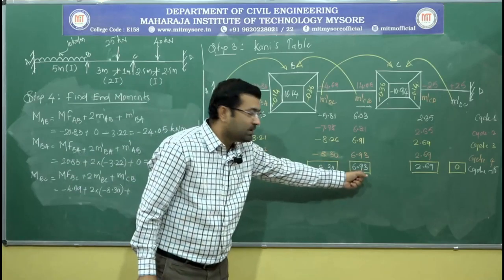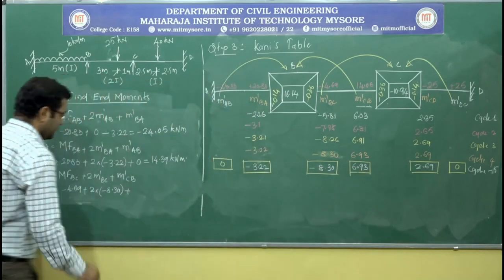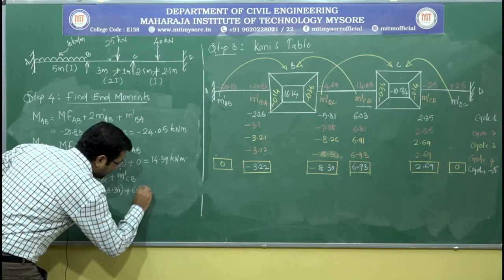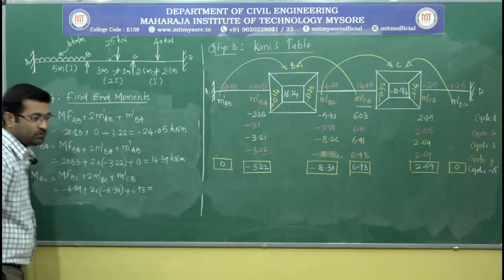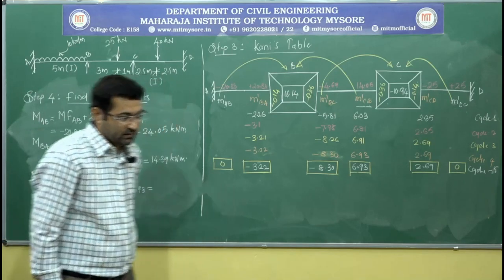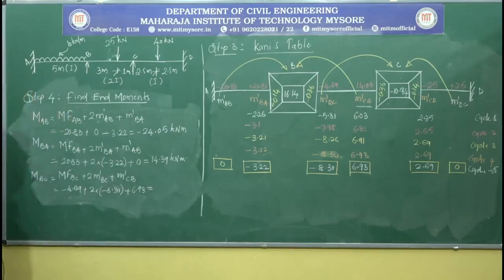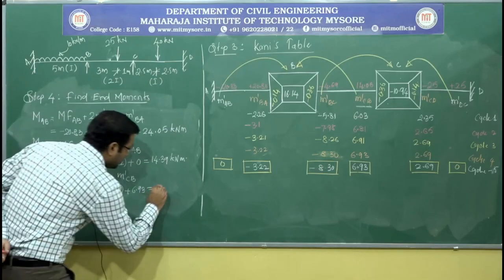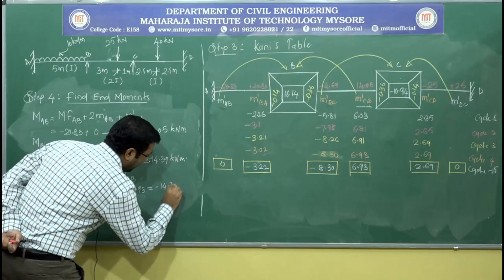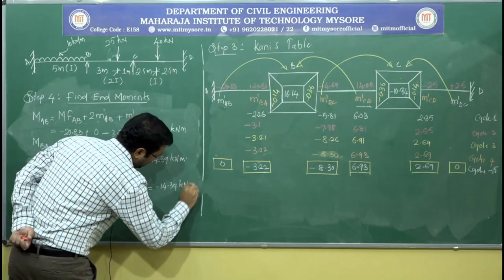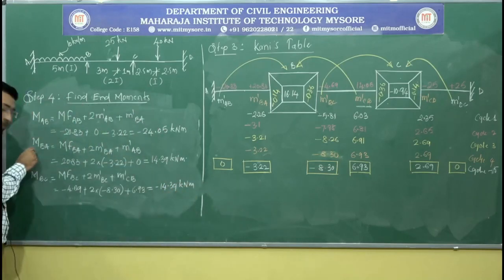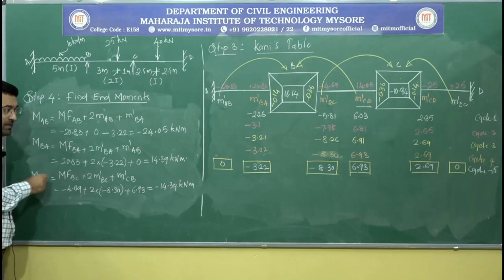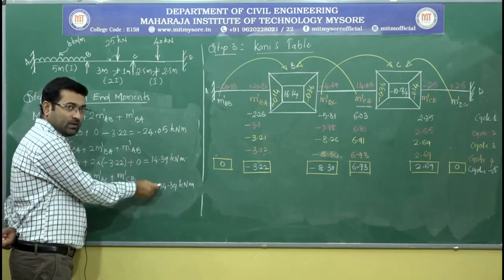M dash CB is 6.93. That gives you a value of minus 14.39. So you can see here at point B, BA and BC are equal and opposite.